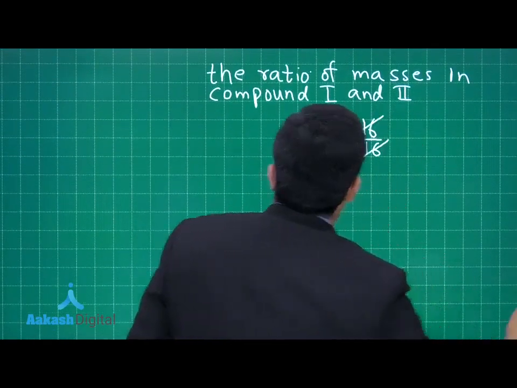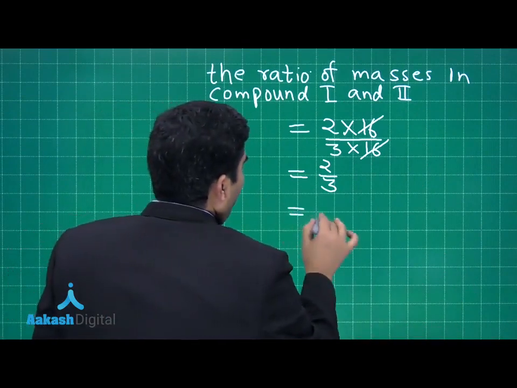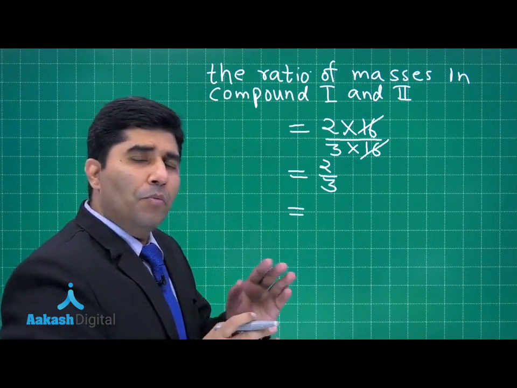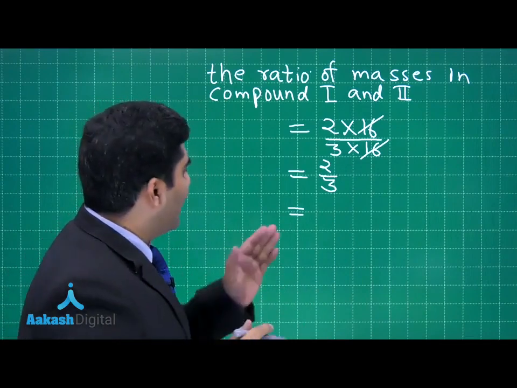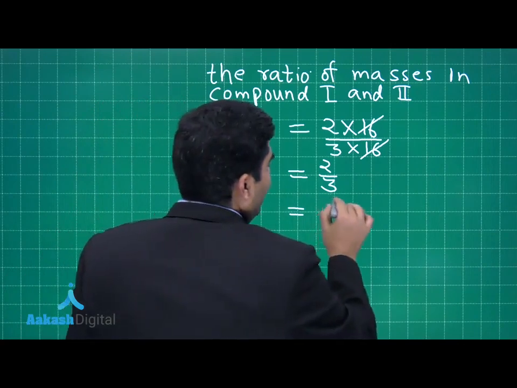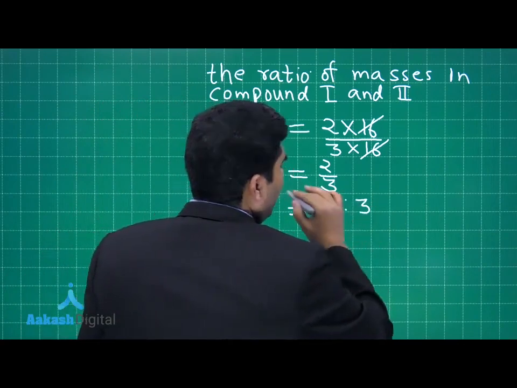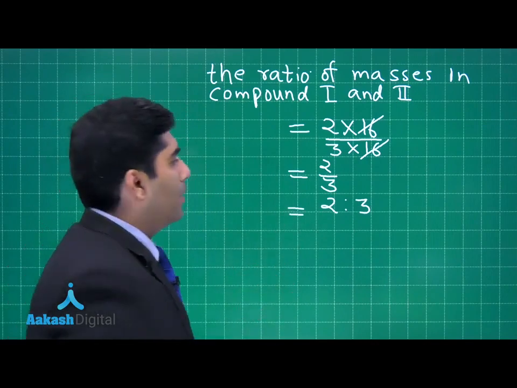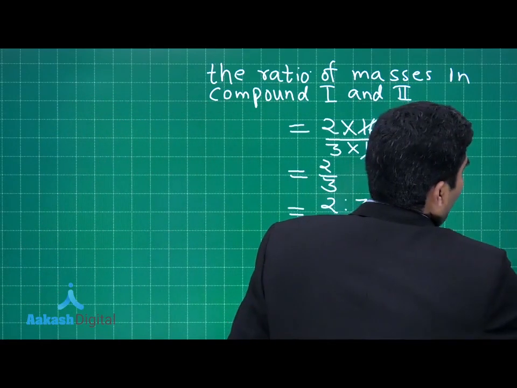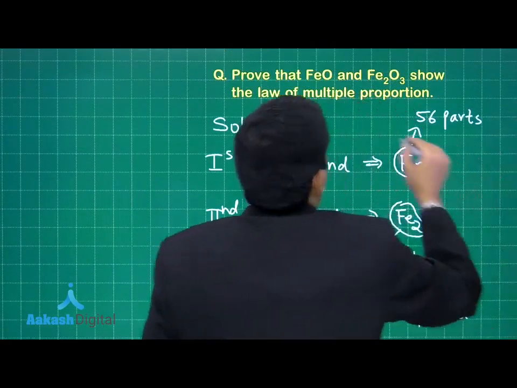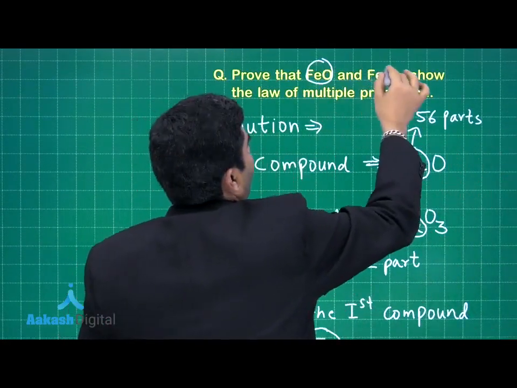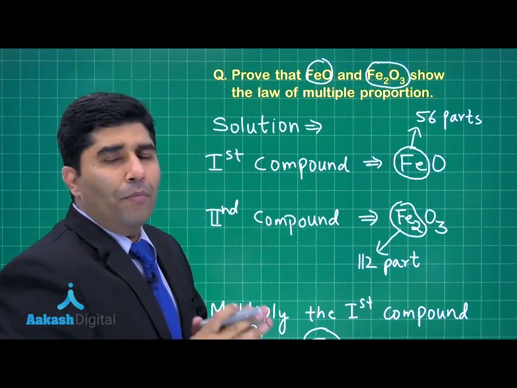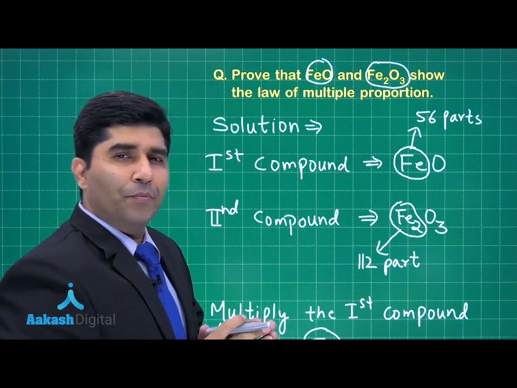So the ratio of the mass of oxygen when we are keeping the mass of iron fixed is 2 by 3, and you can say that it is equal to 2:3, right? So this is a whole number ratio, and it is proved that ferrous oxide and ferric oxide, FeO and Fe2O3, show the law of multiple proportion, right? Let's move ahead.